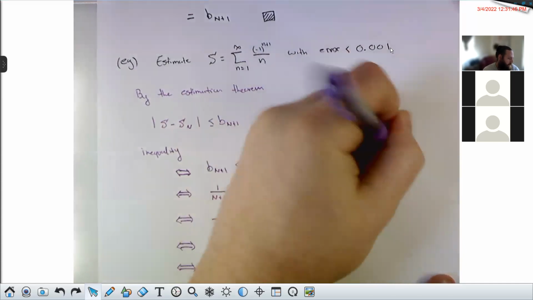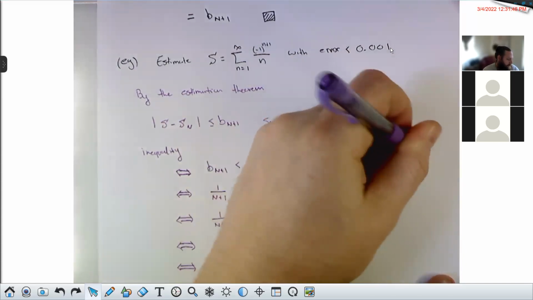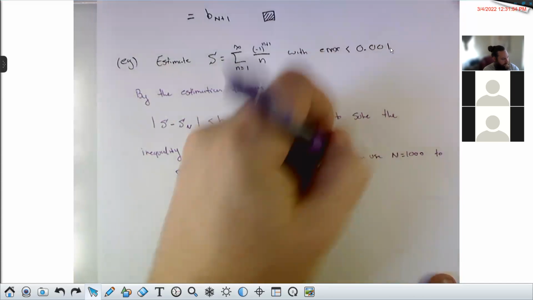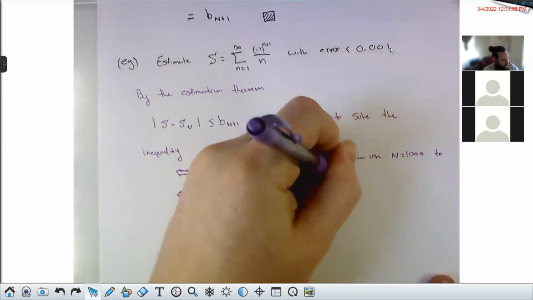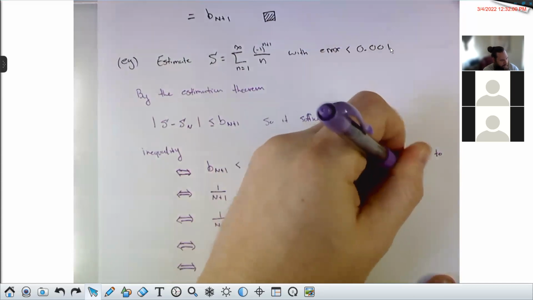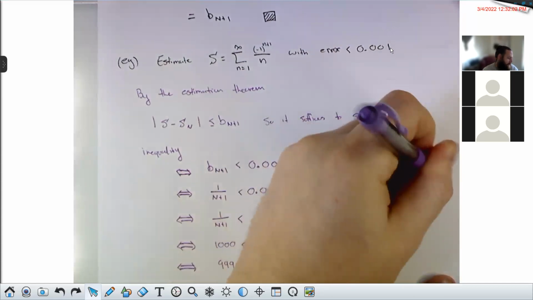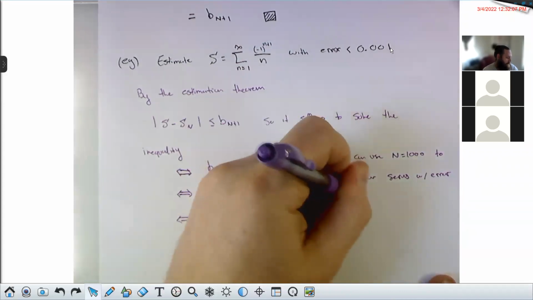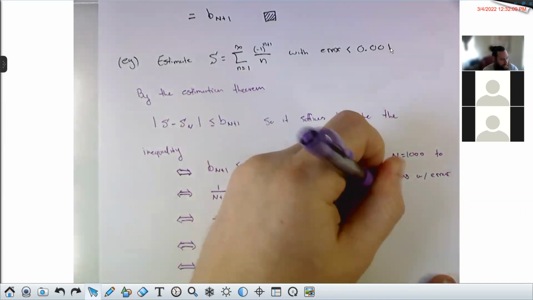So we can use n equals 1,000, the first integer bigger than 999, to estimate our series with error less than 0.001.